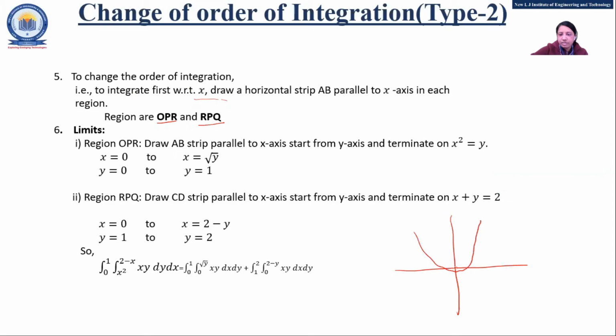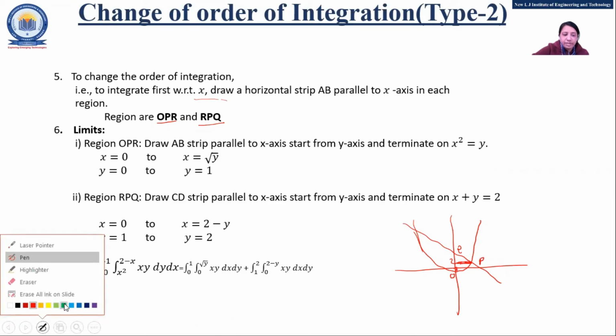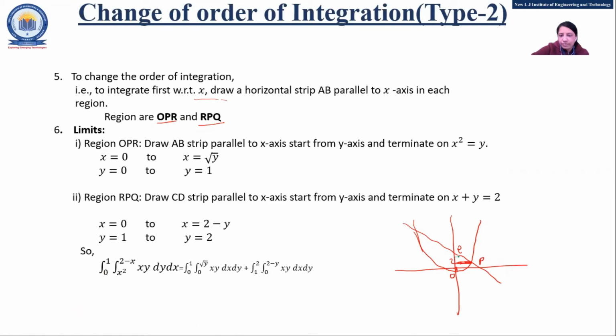This part I'm talking about is the two regions Q R P and O. Now I'll draw two strips, one here and another here. This strip is CD and this is AB.